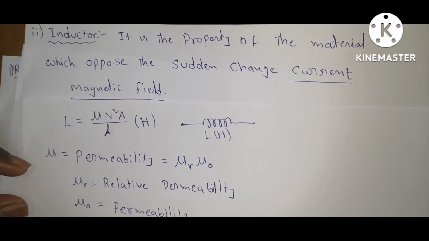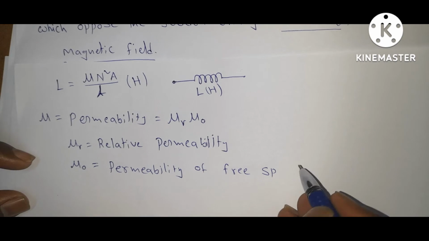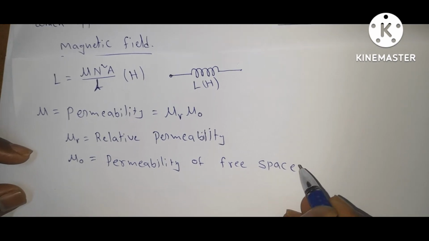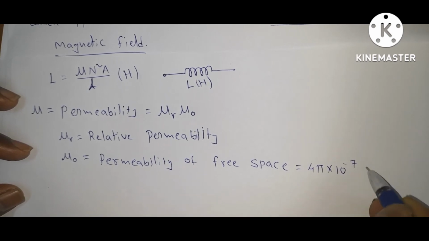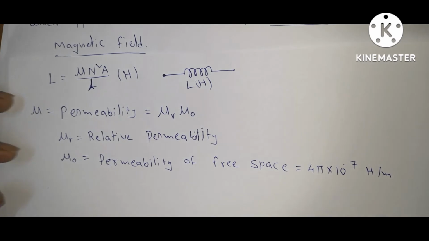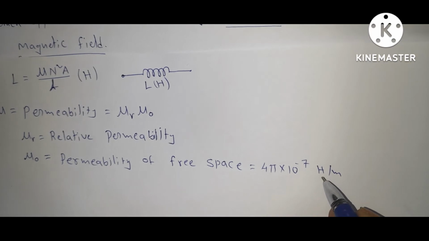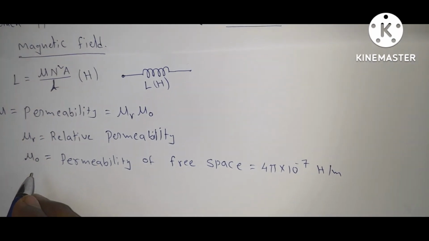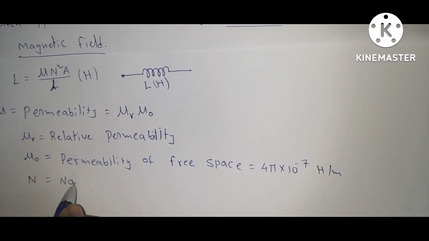Mu naught is the permeability of free space, and the value is 4 pi into 10 power minus 7 Henry per meter. And N is the number of turns. And A is the cross sectional area.